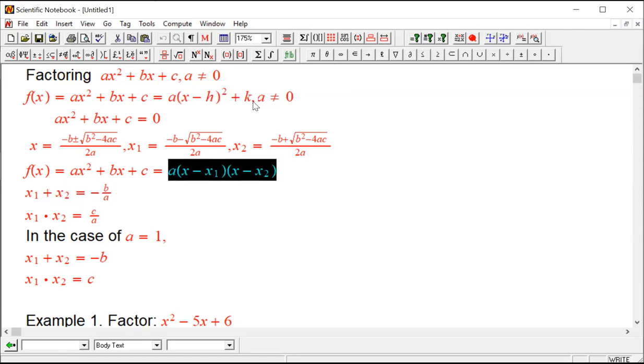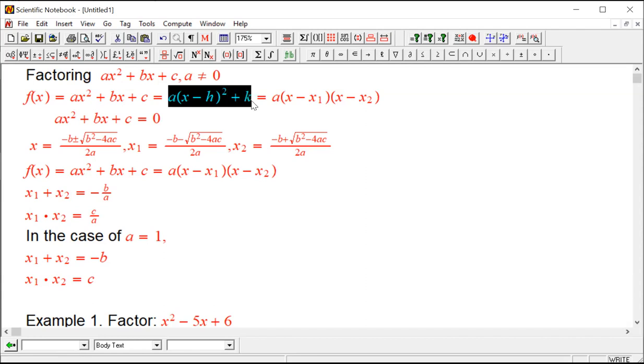All of these three forms have their purpose. For example, in the perfect square form, you can identify the vertex.